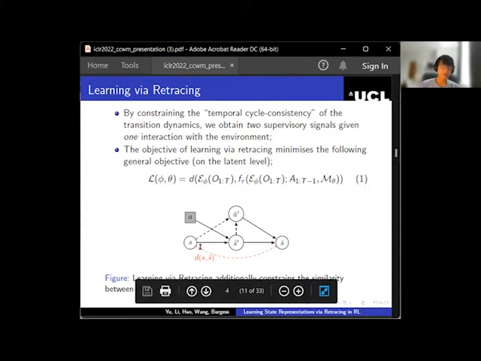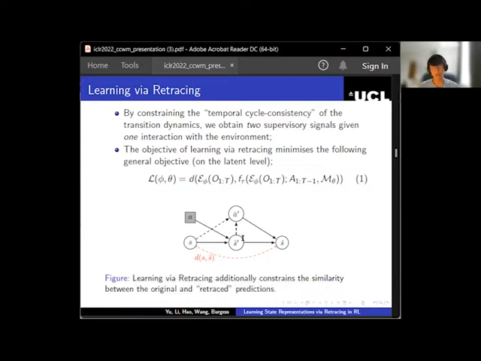So essentially, it just means that given the same transition dynamics model, we do a one-step predictive rollout to get the next state predictive estimate. And then given the forward predictive estimates, we use the same transition dynamics model to do a retracing step using the retraced action, which is learned, to estimate the retraced state.